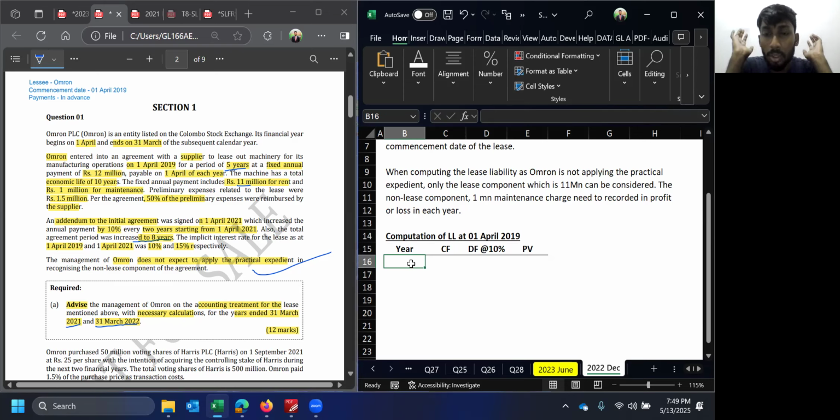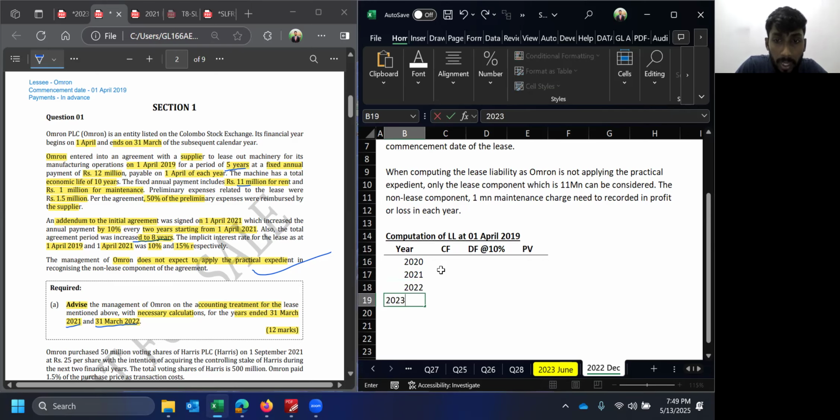But since the payments are in advance, the 1st April 2019 payment will not form a part of this. Therefore, we need to take only the payments in 2020, 2021, 2022, 2023. So 5 years. That's how the 5 years comes, right?